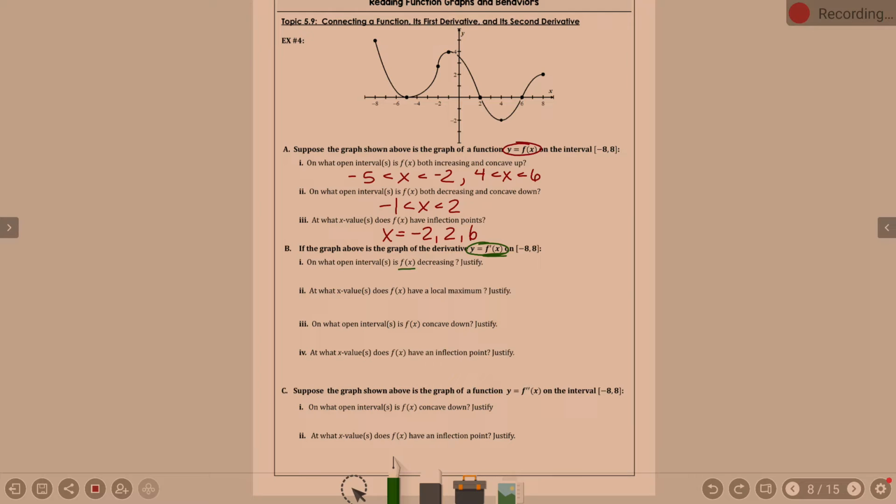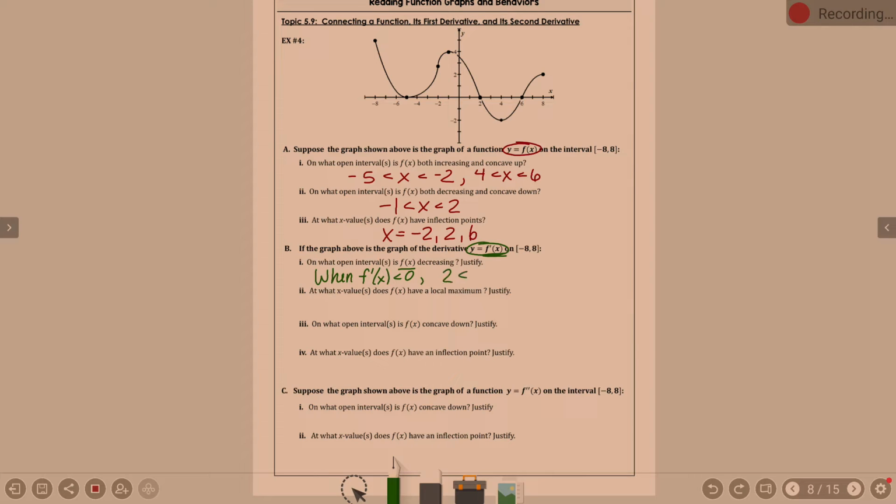Yeah. We want when f prime of x is less than 0. So when is my derivative less than 0 here? 2 to 6, because when we're looking for the derivative less than 0, and this is the derivative graph, we basically want below the x-axis, right?